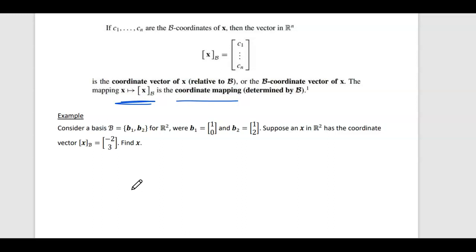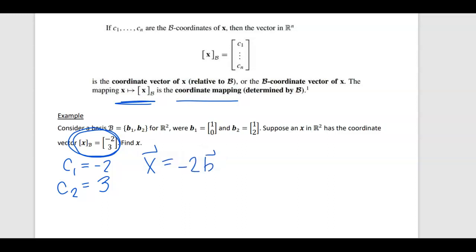We know that if this is the coordinate vector, then C1 must be -2 and C2 must be 3. Therefore, x must be -2 times B1 plus 3 times B2.